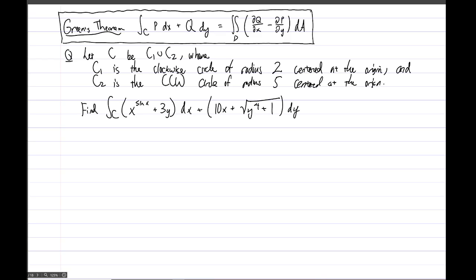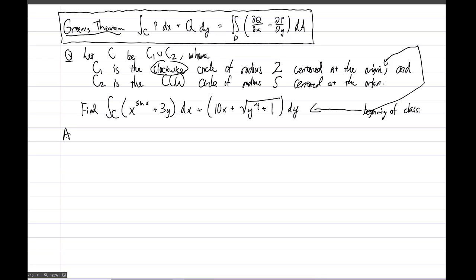Just as a comment, let's note that the first part here we had done. So the circle of radius 2 centered at the origin, in fact, even with the orientation being clockwise, this we did at the beginning of class. We already did the work, so we're going to borrow some of that work.